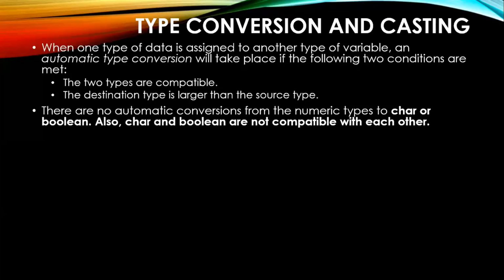If you give some number like 85, it cannot be converted to a char or a boolean. It will not convert that 85 to ASCII. Internally it might be stored as an integer, but the conversion cannot be done. Also, char and boolean are not compatible with each other. You cannot convert a char to a boolean, or a boolean to a char.